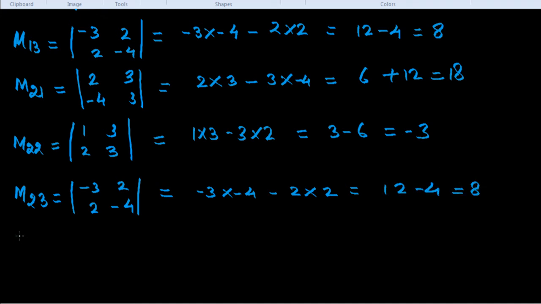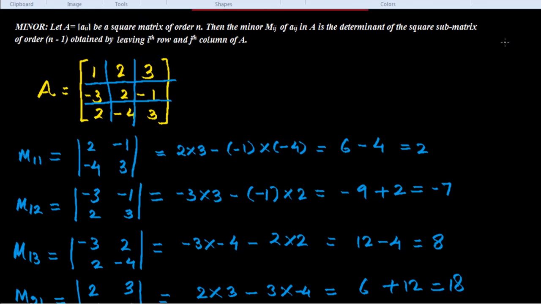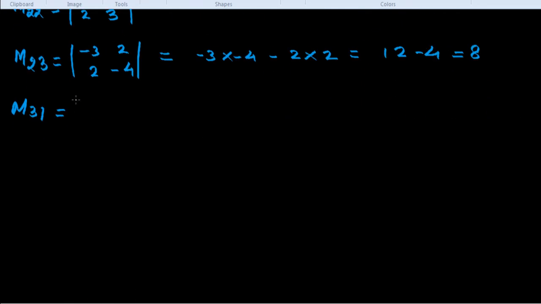And now M31, the final minor in this row. a31 is the element 2, so we leave this column and this row, and get |2 3; 2 -1|.